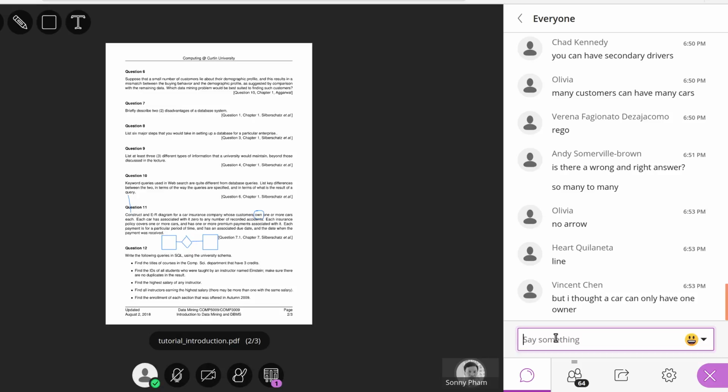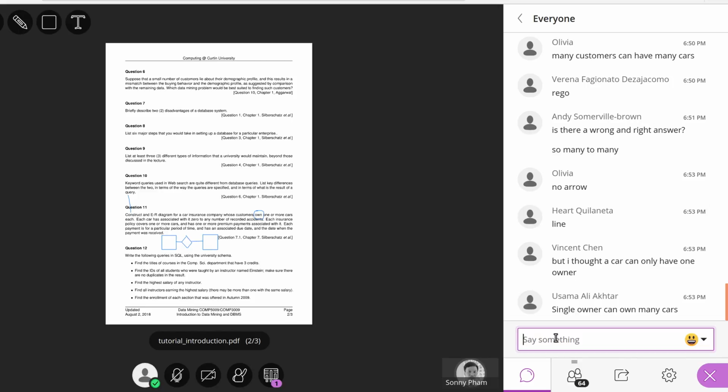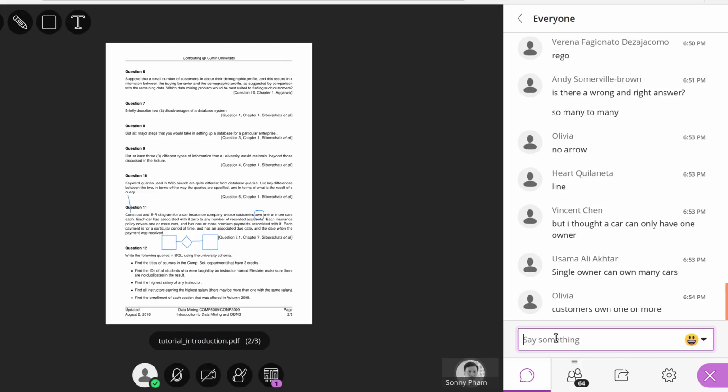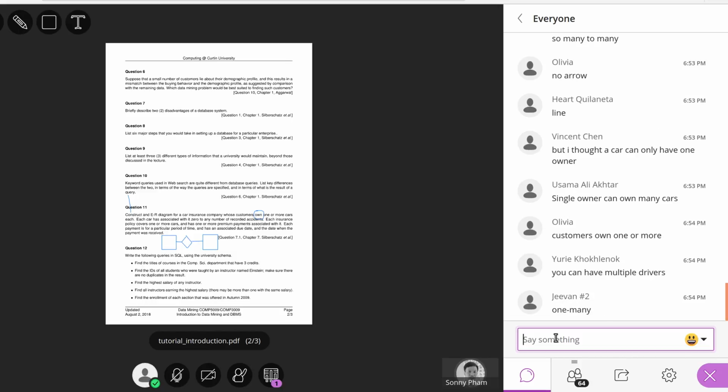Oh, that's a good point. A car can only have one owner? Actually, a car can have a joint owner. A single owner can own many cars, and vice versa, one car could be jointly owned by two people, right?